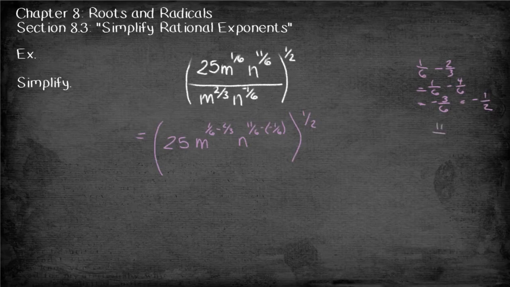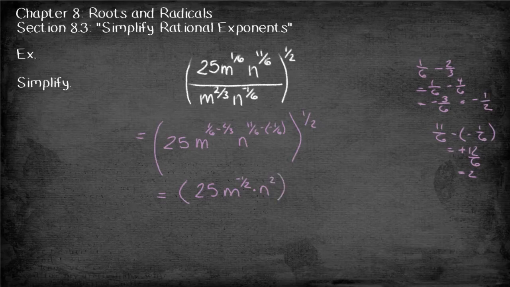And 11 over 6 minus negative 1 over 6 is positive 12 over 6, which is equal to 2. So this simplifies a bit to 25m to the negative 1/2 power times n squared, raised to the 1/2 power.